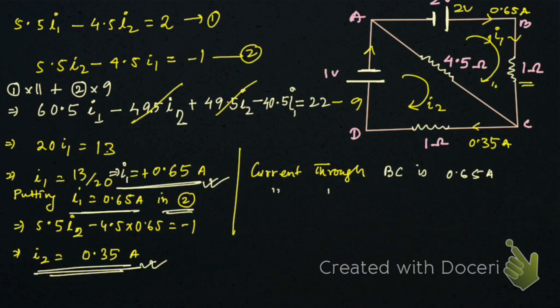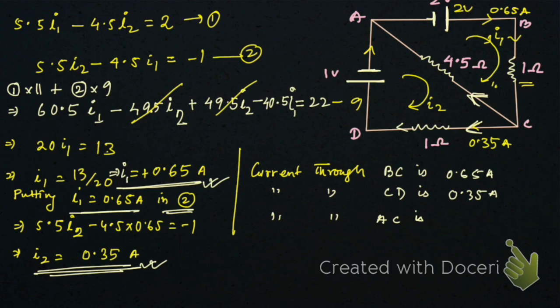And current through CD, that means through this resistance, is 0.35. But what will be the current through the 4.5 ohm resistance, that means along AC?